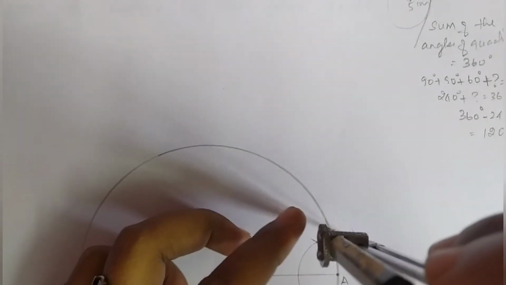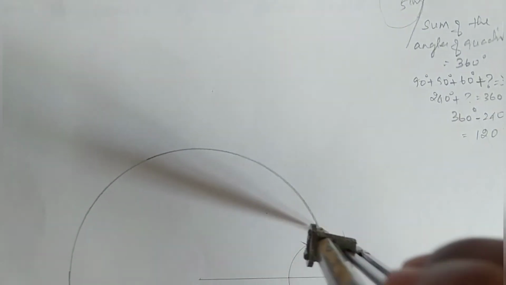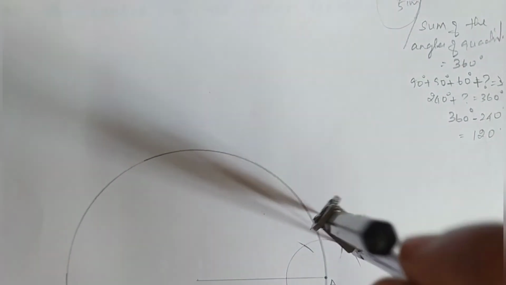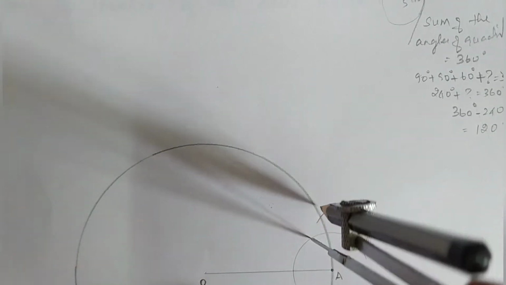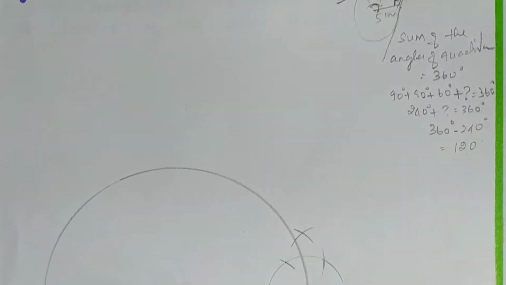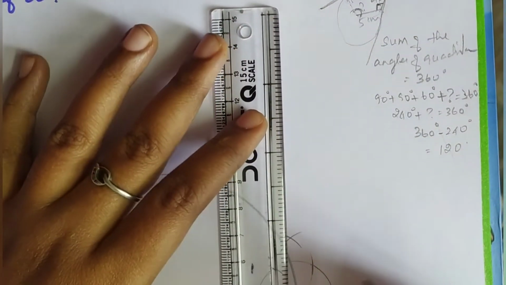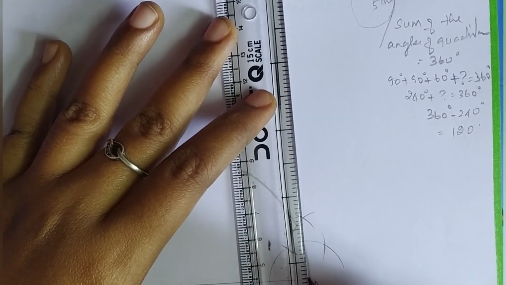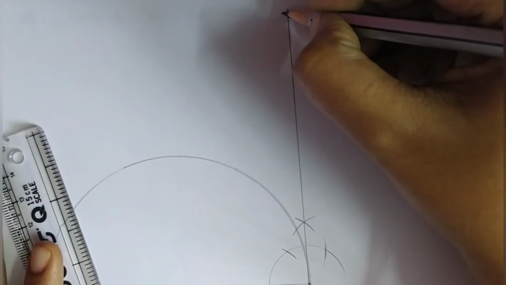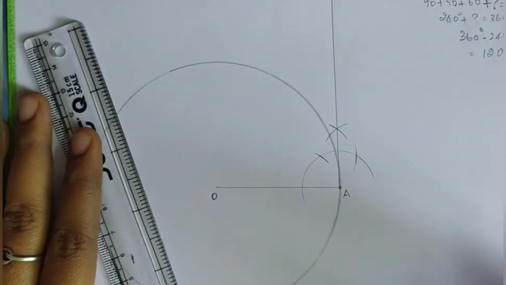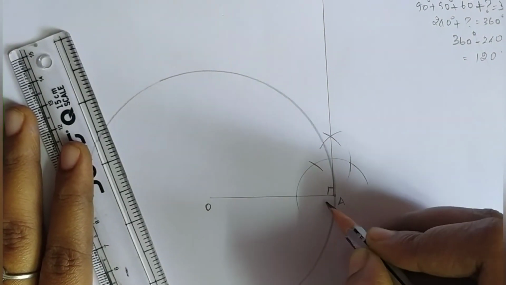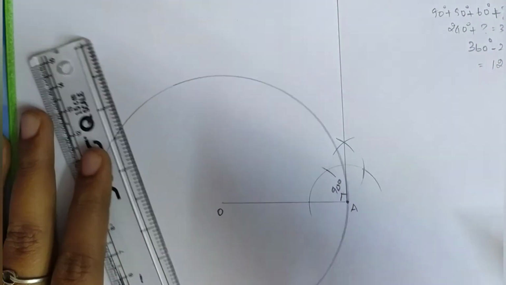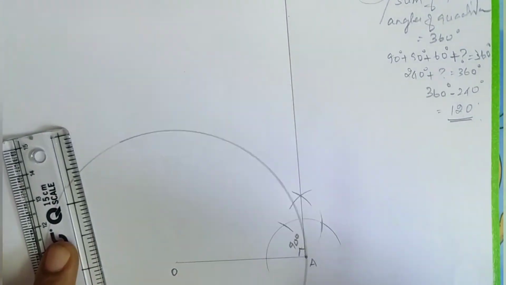To make 90 degree, from the 120 degree arc and from the 60 degree arc, if we join, we will get 90 degree. And from the center, what we have found? 120 degree.